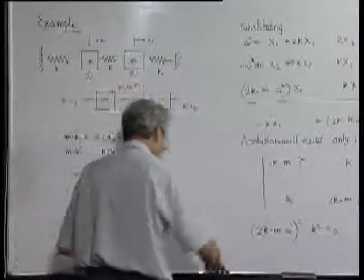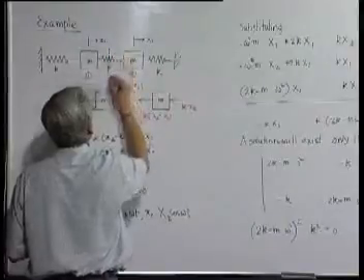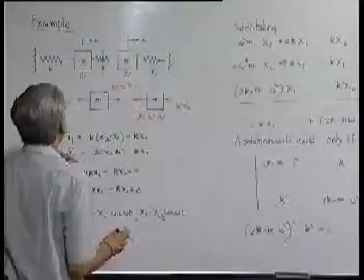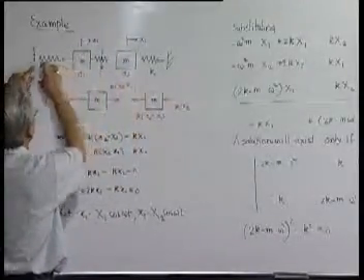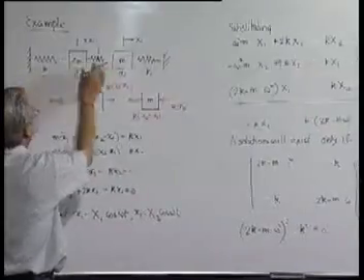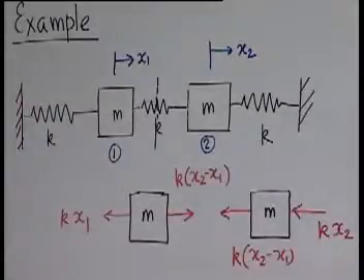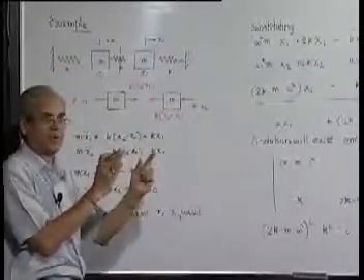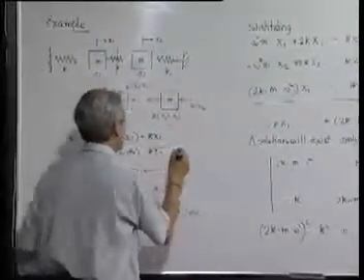The other mode is that they are just equal and opposite. What happens if they are equal and opposite? That means they are moving like this. If they are moving like this, then the midpoint of the spring will have no movement. And so therefore, we can consider the spring is halved and there is a wall here, this point is fixed.